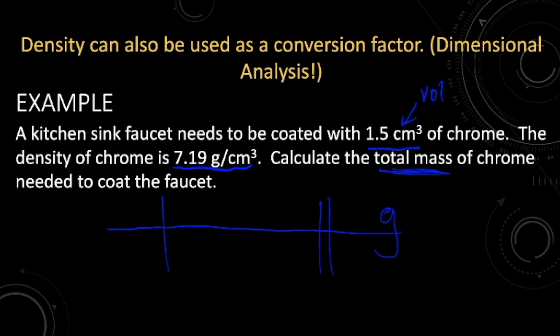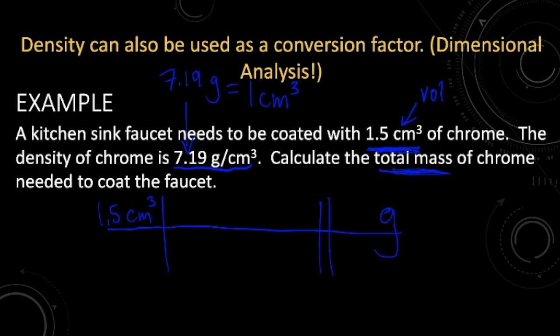So that's what we want on the end for our answer. In this case, we are going to start with our given. We know we have this much chrome, 1.5 centimeters cubed. And we use our density as our conversion factor. So what this is essentially saying is that for every 7.19 grams of chrome, that's going to equal 1 centimeter cubed.